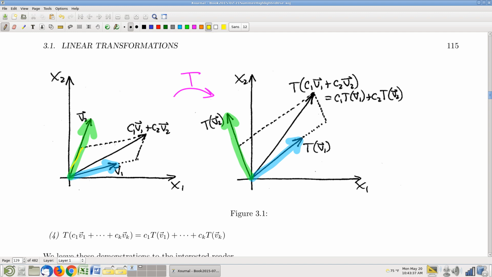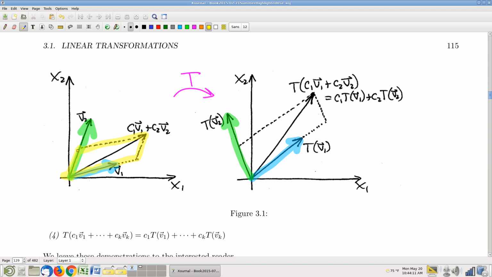Linearity says that if you have a linear combination of green and blue, remember, parallelograms are a visual tool for taking a linear combination. So some multiple of v1, some multiple of v2. Here I have what I'm calling c1, which is like 1.5, and then my c2, the thing I'm multiplying by v2, is about half.